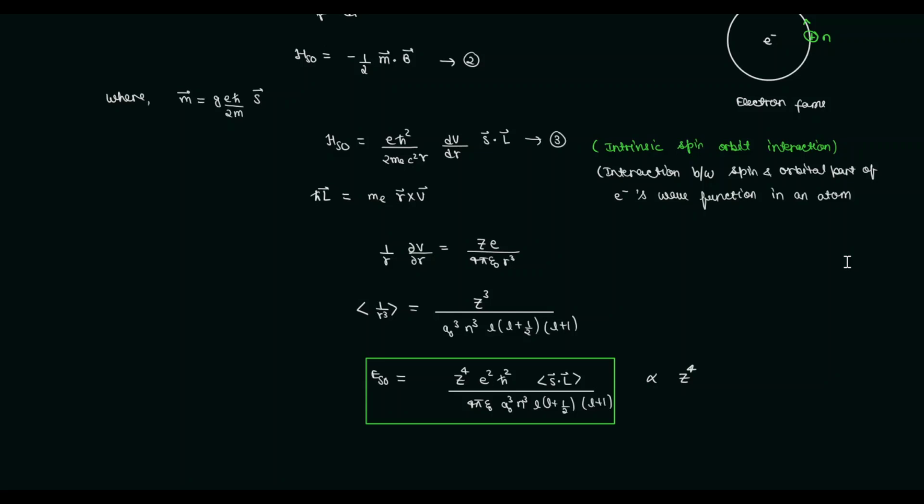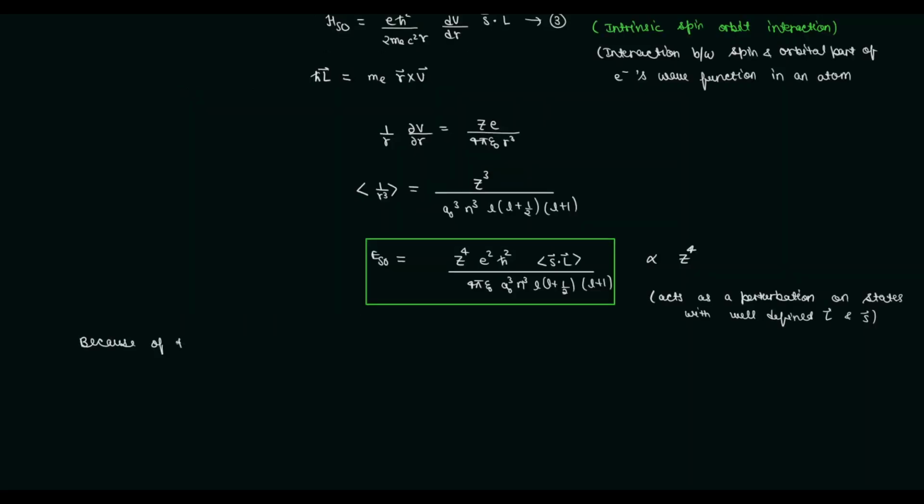Now so far we have kept the spin and orbital angular momentum separate since they were independent of one another. However, they do weakly couple via this spin-orbit interaction, which acts as a perturbation on the state with a well-defined L and S. Because of this, L and S are not separately conserved, but their summation, that is total angular momentum, is conserved.